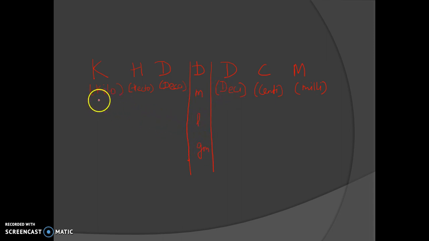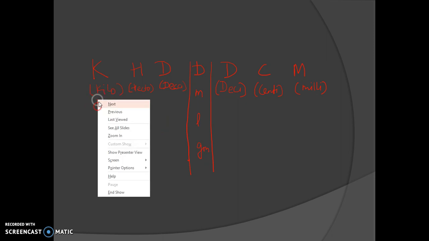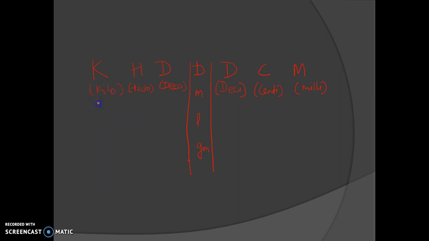So what we're going to do is write here kilometer, hectometer, and deca, which we take as dA. And deci is going to be dm.